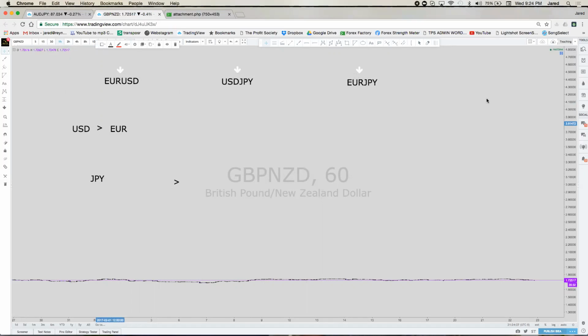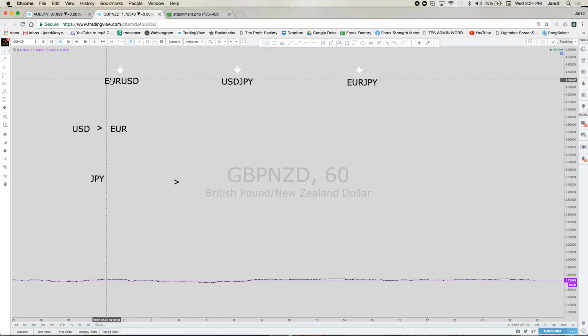A, B, C. If you agree, say yes with this statement so far. I want 24 yeses. All right, cool. So obviously the US dollar is stronger than the euro here.